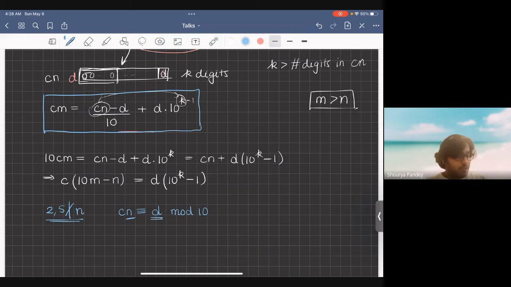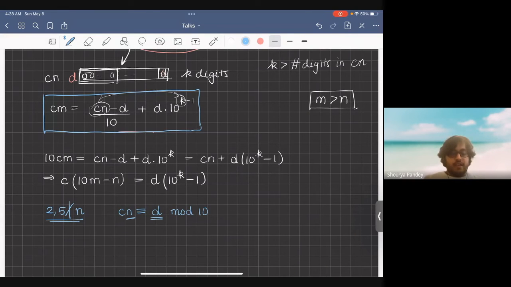So suppose 2 and 5 are not factors of N. What do we do then? We can just pick D, any D can work. We just take C accordingly, congruent to D times n inverse mod 10.